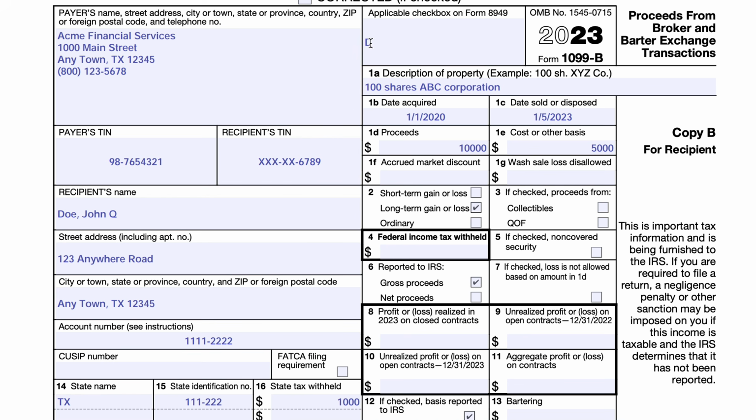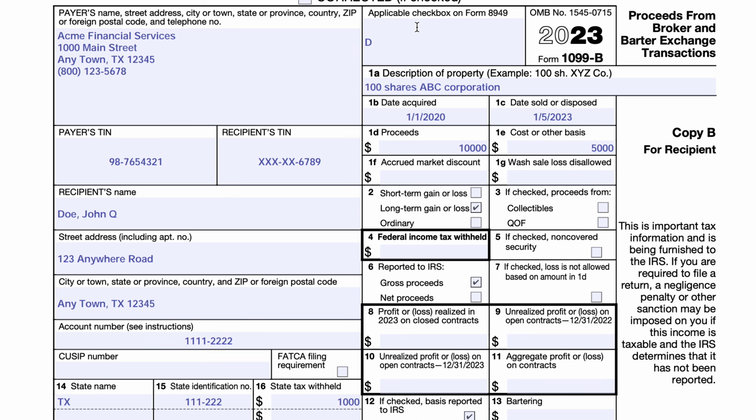In this case, there is a box code marked D. This indicates that this is a long-term gain or loss transaction, and that Acme Financial Services is reporting the tax basis to the IRS.